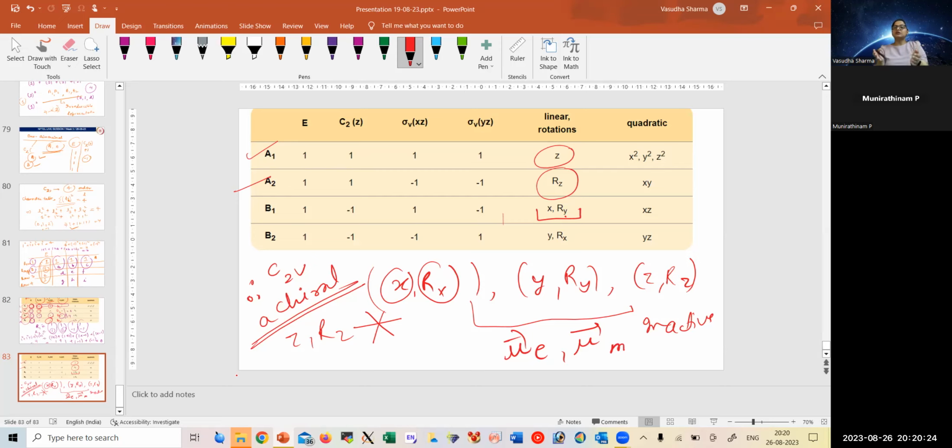But how is it mathematically possible? Only looking at these factors, we got to know that for both dipole moment vectors, XYZ and RX, RY, RZ, if the pair is not having the same symmetry transformation or representation, they can't be active. That's why the molecule having the C2V representation can't be chiral anymore.